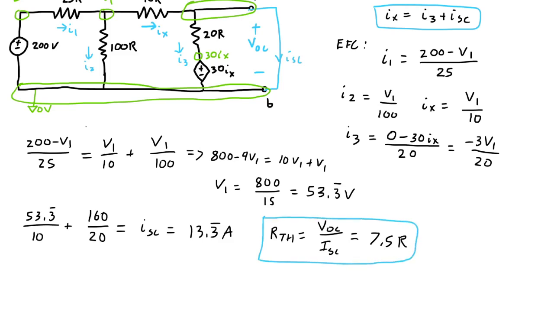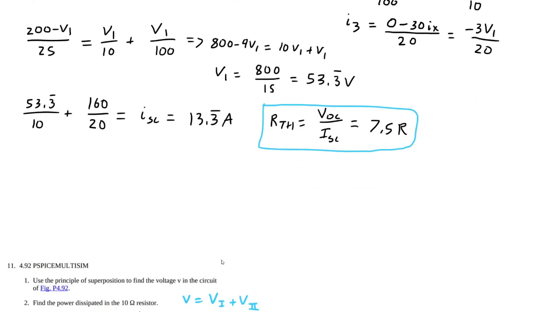So our equivalent circuit is going to be V Thevenin, which is 100, in series with R Thevenin. And we're going to have our load RO.